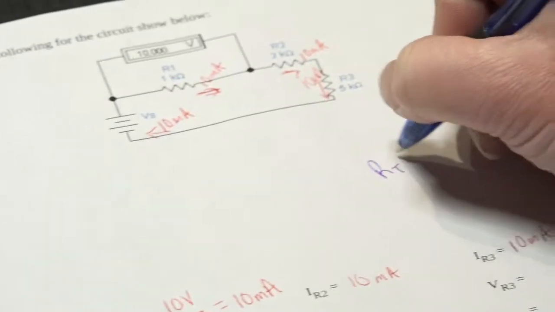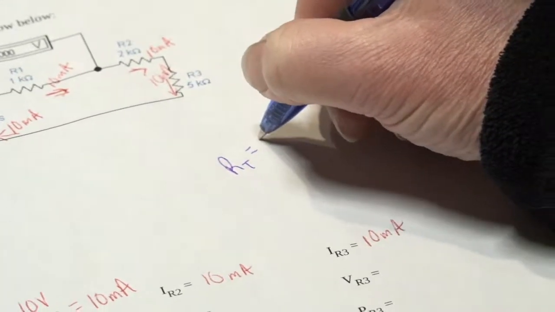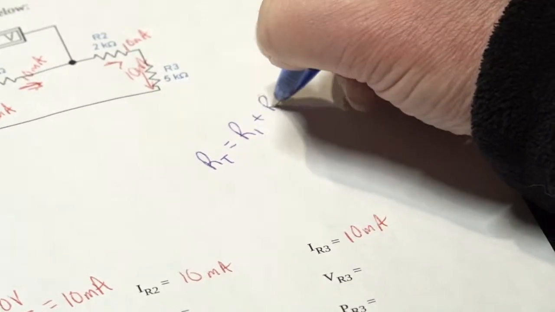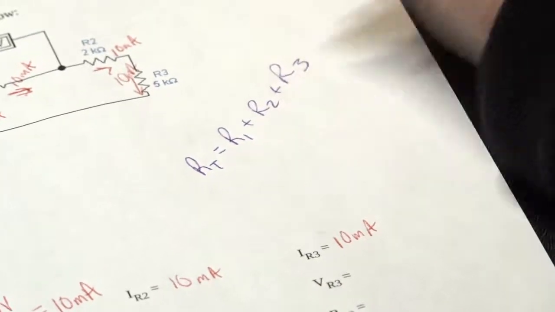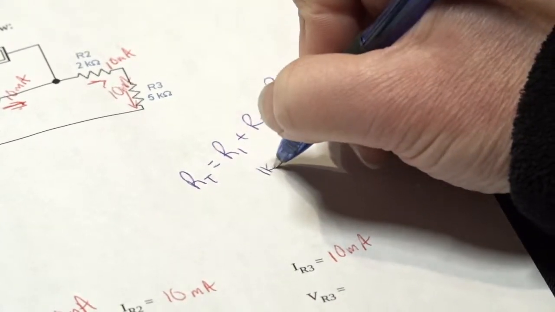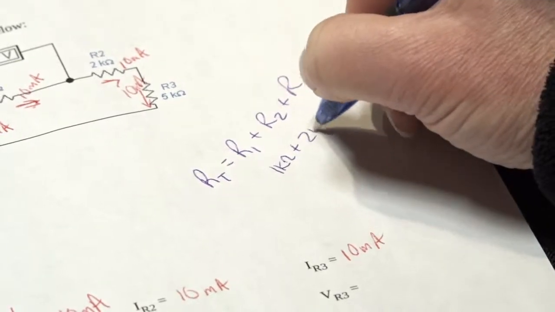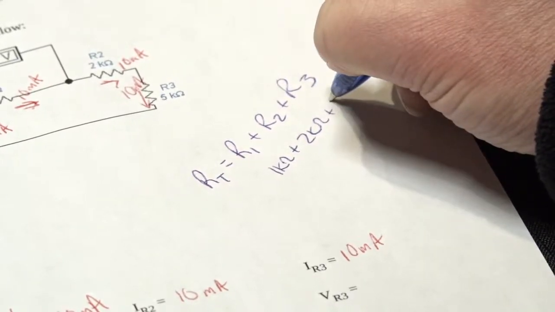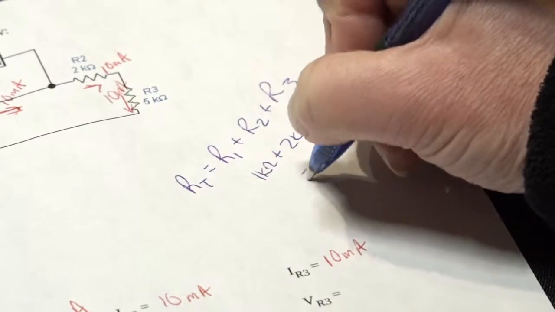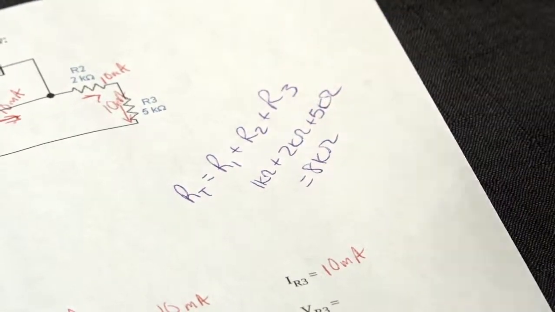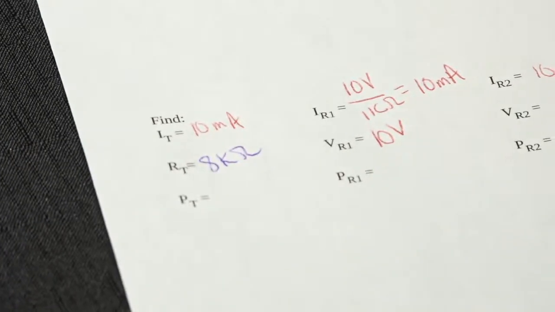So our total resistance is going to be equal to R1 plus R2 plus R3, which is 1 k ohm plus 2 k ohm plus 5 k ohms, which equals 8 k ohms. Write it down, 8 k ohms. We're doing good.